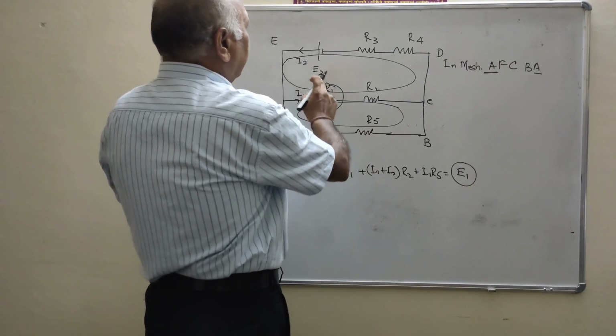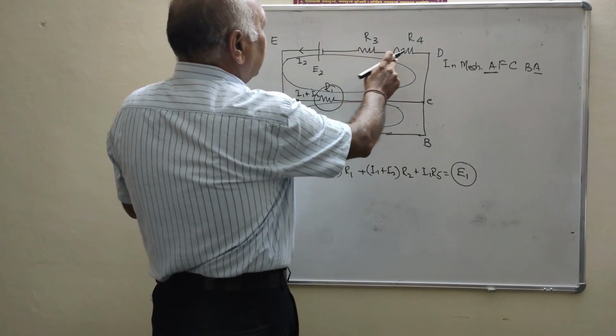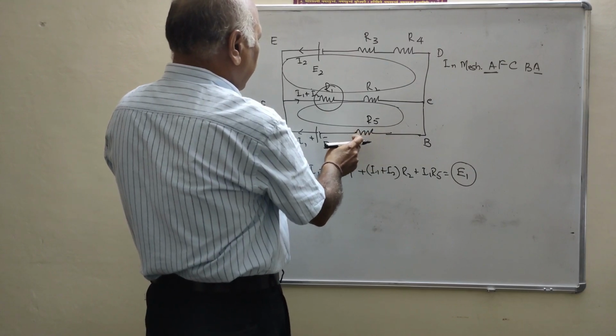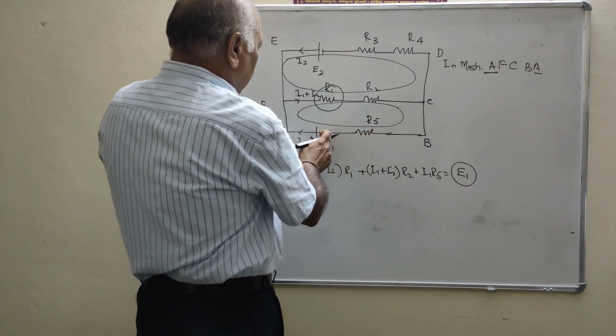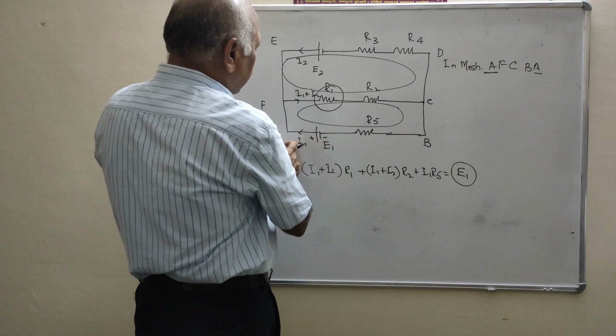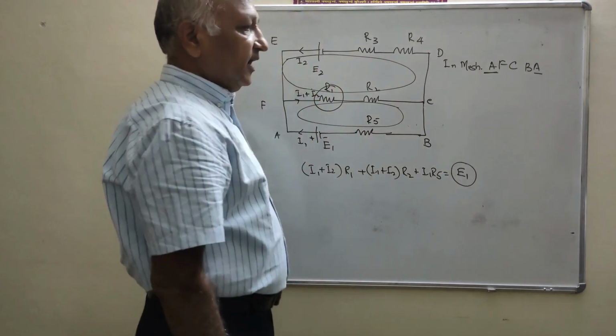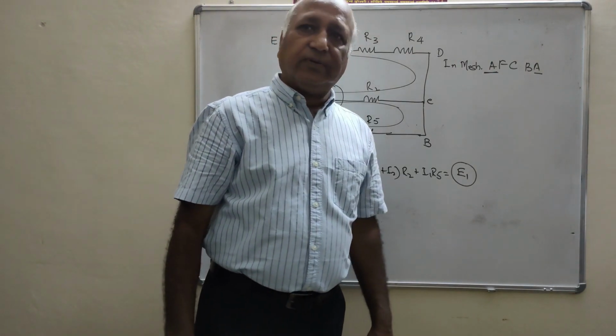That is the I2 R3 plus I2 R4 plus I1 R5, that is equal to the I1 negative to positive E1, and here negative to positive E2, that is the E1 plus E2.